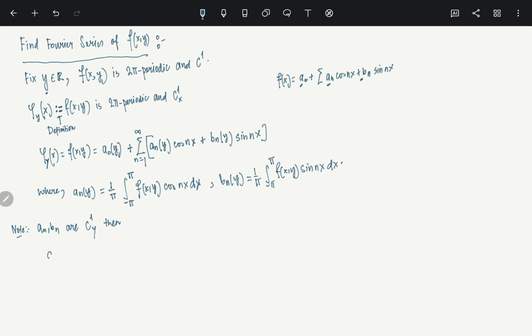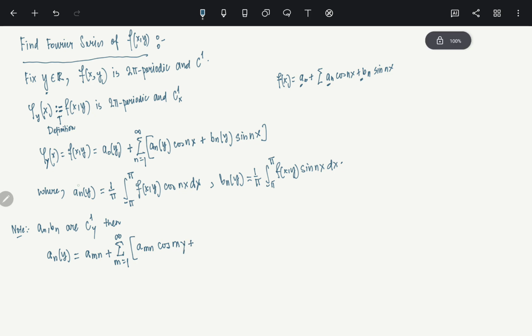So we can write a_n of y as a_0n plus summation m equals 1 to infinity of a_mn cosine my plus b_mn sine my. There are two variables, so you have to be a little careful of what you are writing. Please keep in mind which is m and which is n.